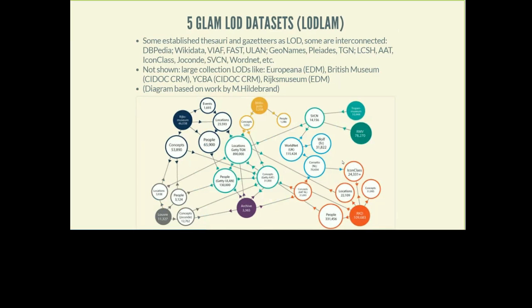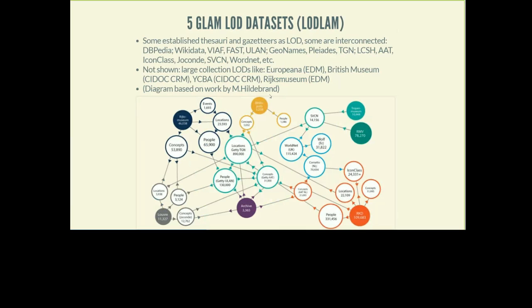Okay, the next section, I'll talk about several different data sets that we work with, that have to do with GLAM data, for which there is now a hashtag and a whole series of biannual conferences called LODLAM.